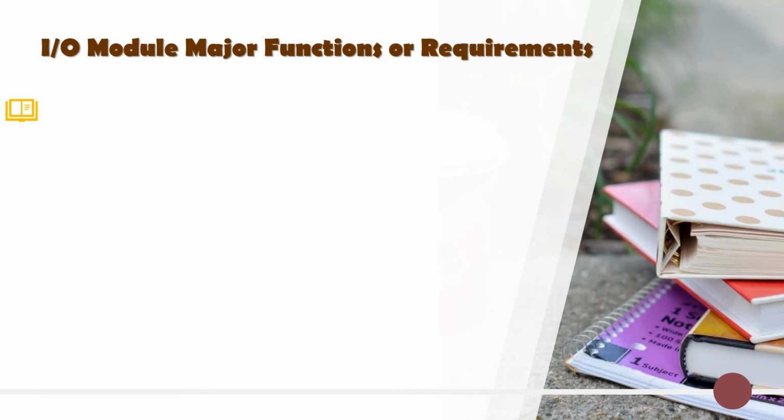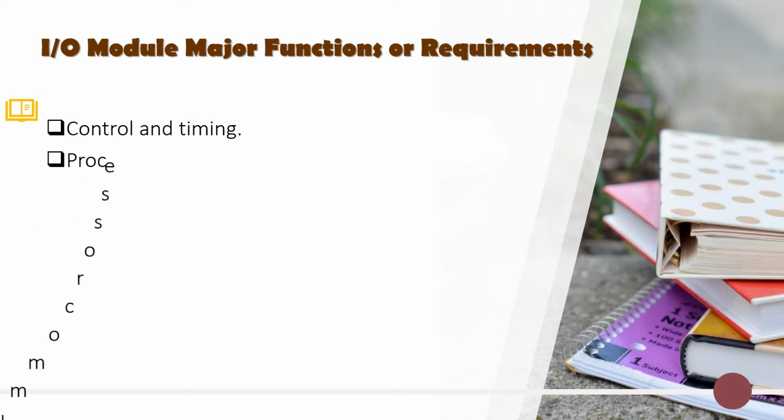I/O module major functions or requirements. The major functions or requirements for an I/O module fall into the following categories. Control and timing. The internal resources, such as main memory and the system bus, must be shared among a number of activities, including data I/O. Thus, the I/O function includes a control and timing requirement, to coordinate the flow of traffic between internal resources and external devices.